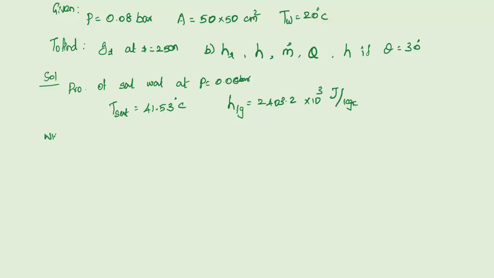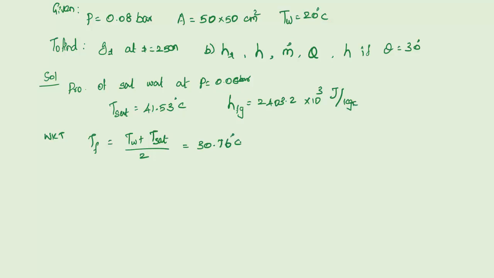Next thing, we know that Tf equal to Tw plus T saturation divided by 2, where Tw is 20 and T saturation is 41.53, so 61.53 divided by 2 will be 30.76 degree Celsius.